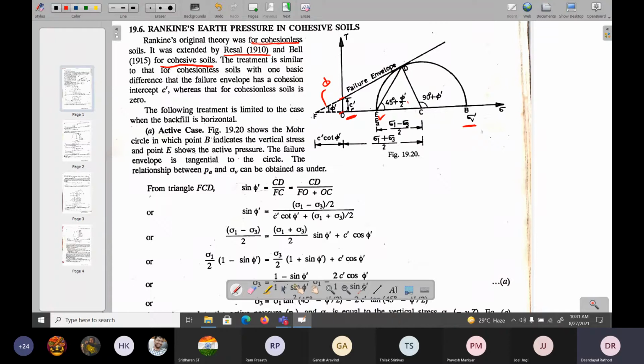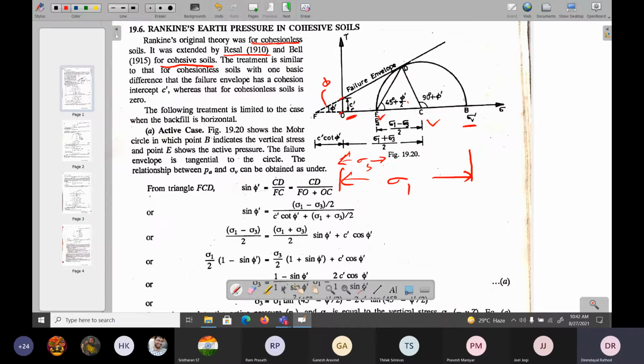This is the major principal stress, sigma 1, and this would be the minor principal stress. The radius of the circle would be sigma 1 minus sigma 3 by 2, and the center would be sigma 1 plus sigma 3 by 2. We have seen these things in the Mohr circle chapter.